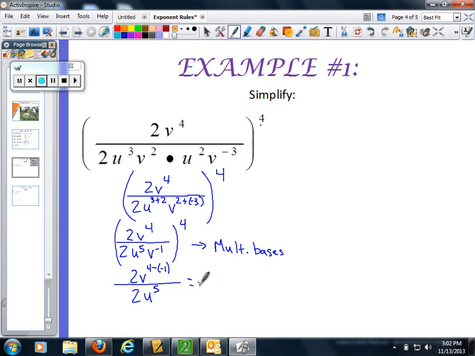And this actually equals 2v to the fifth over 2u to the fifth. And this, I'm going to use the dividing bases rule, and I'll abbreviate the dividing.